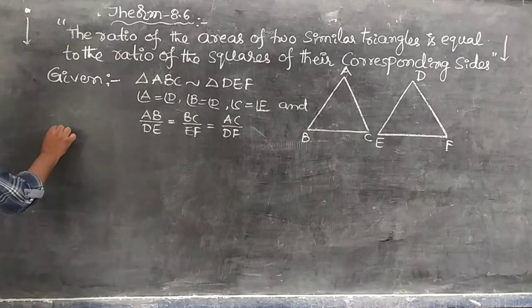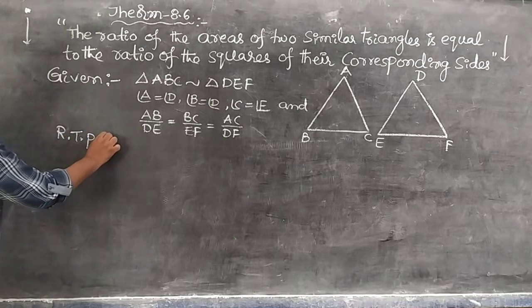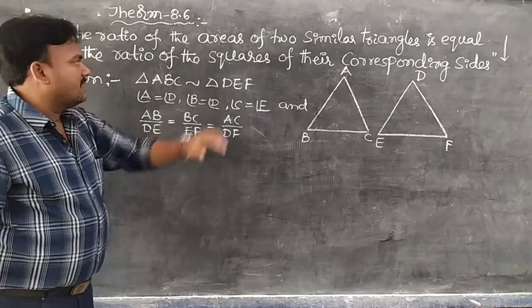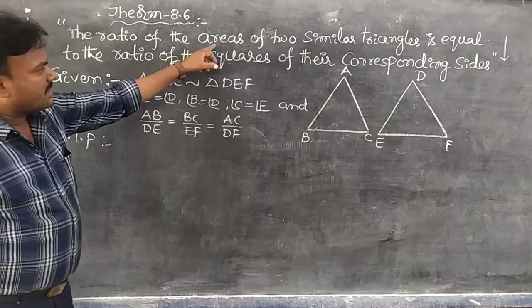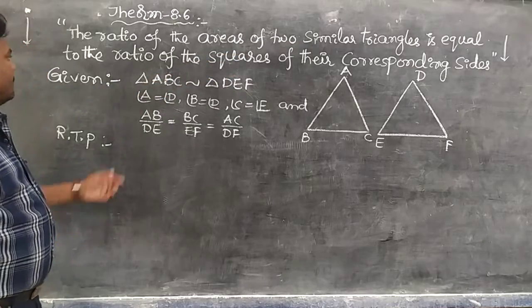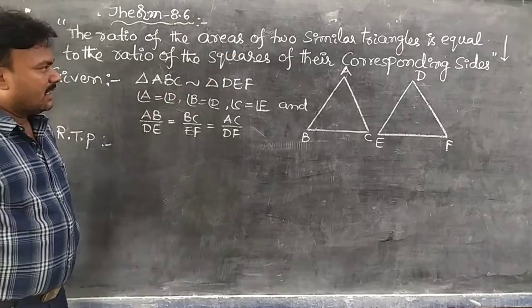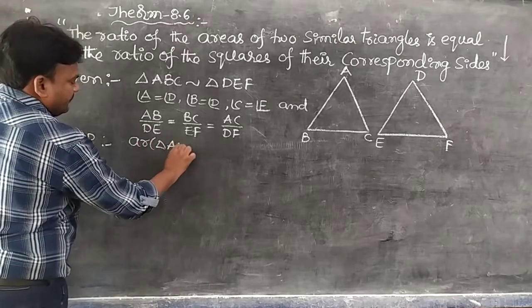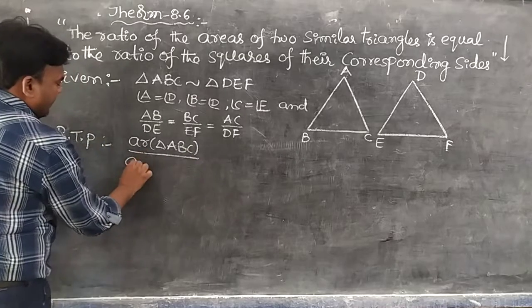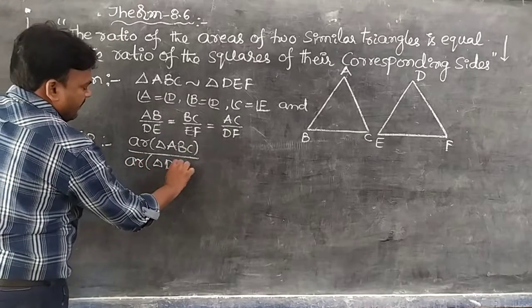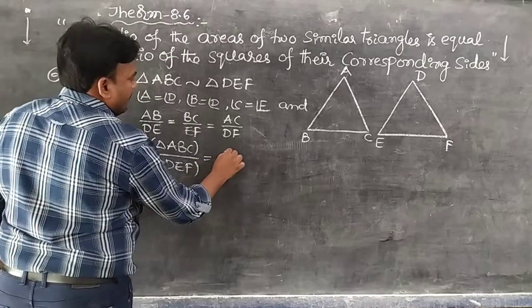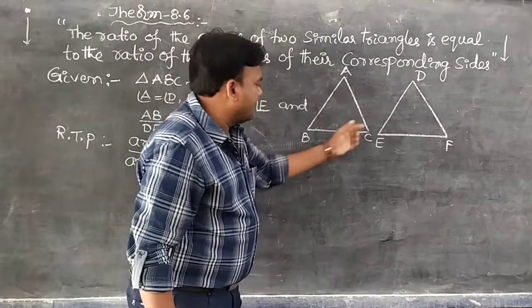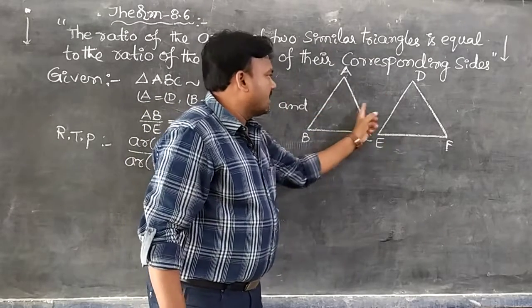Let's go for RTP. What do we prove here? Observe here the ratio of squares of their corresponding sides. The ratio of areas of two similar triangles is equal to the ratio of the squares of their corresponding sides. That means area of triangle ABC by area of triangle DEF equals, corresponding sides here, AB and DE, BC and EF, AC and DF.